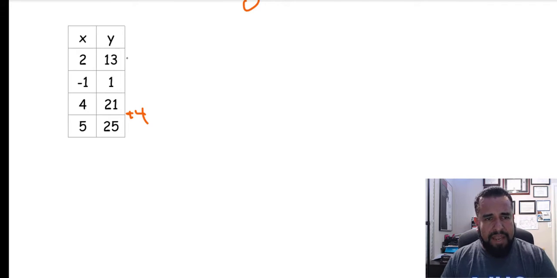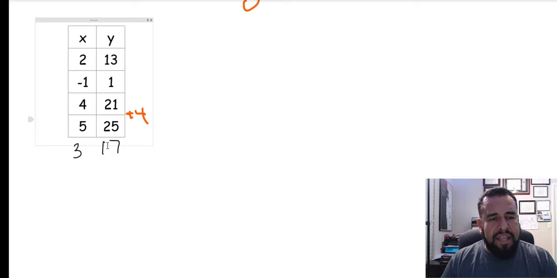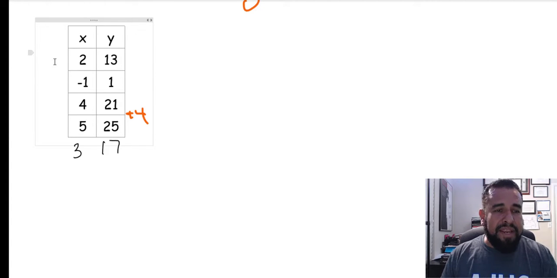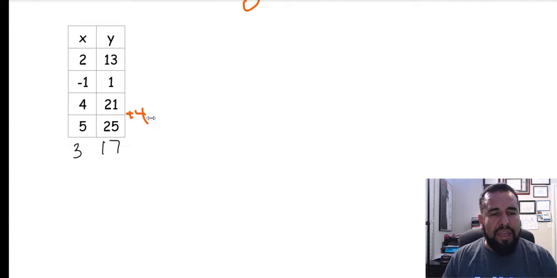Let's do them in black. So for the input of 3, we said we would have a value of 17. That means if I take 17 and subtract 4, I would get 13. It seems to work because the next one is the second term, right? Great. So I think we found it. I think we found our growth of 4.